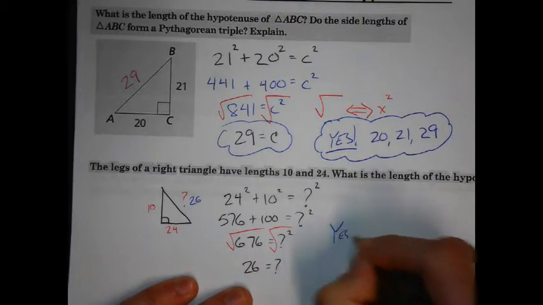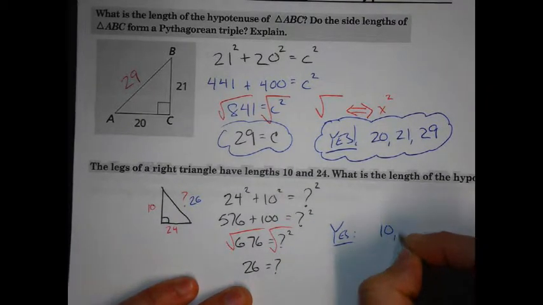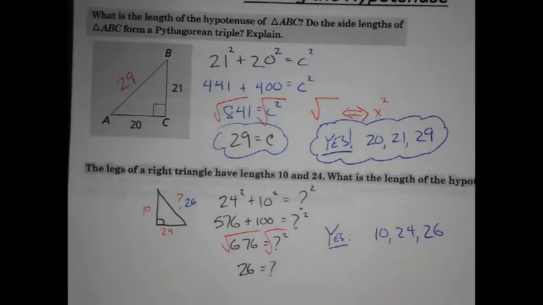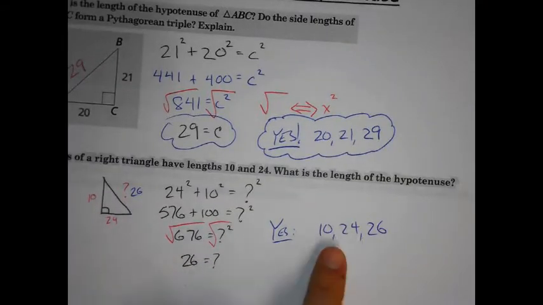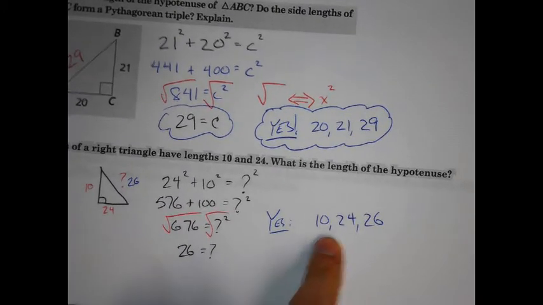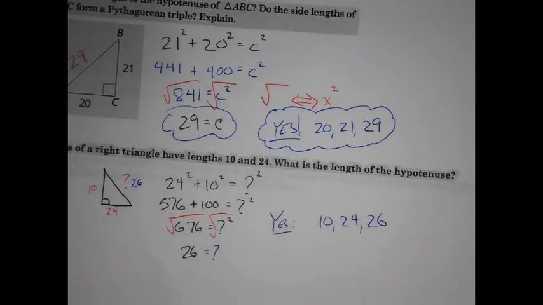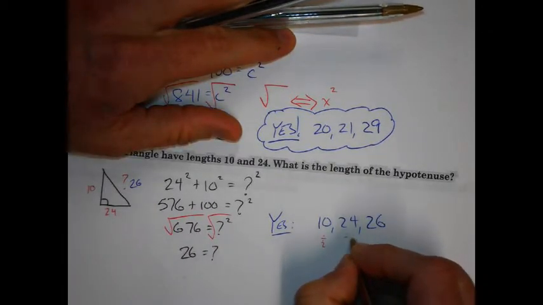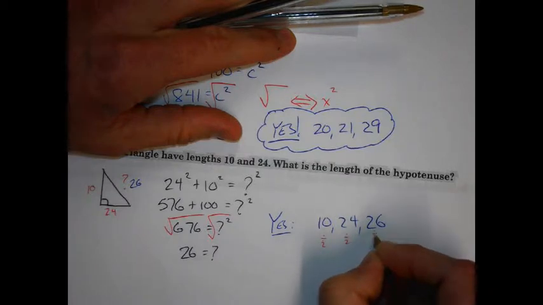Wait, that's interesting. 10, 24, 26. Aren't these all divisible by 2? Did you ever think about that? These are all divisible by 2, right? I can divide by 2, I can divide by 2, and I can divide by 2.